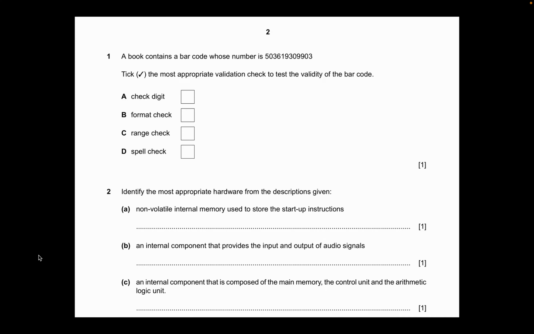When we're checking that the book contains that barcode, we have to use a check digit to check that all these numbers are present. Okay? We're not changing the format of this. This is a numerical value already, so you don't need to change the format. You're not checking the range of this. So yeah, it's going to be a check digit.